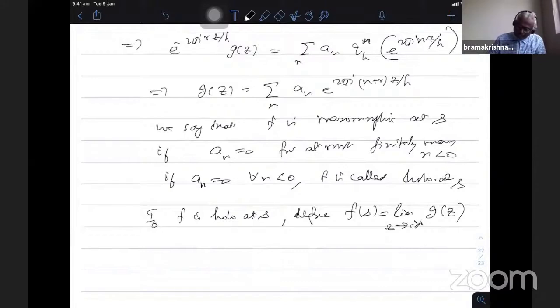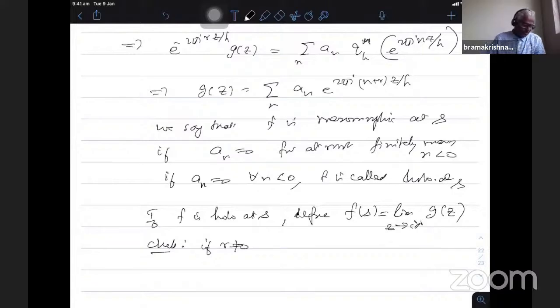Now one can check that if r is non-zero, when f is holomorphic, all negative parts will be 0. It only starts with a_0, and in that case e power 2 pi i r z by h will be there.